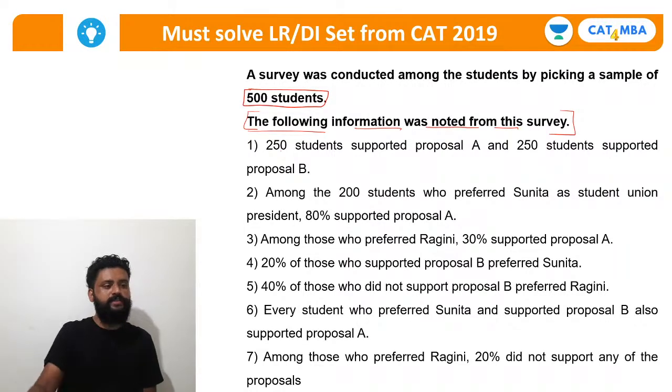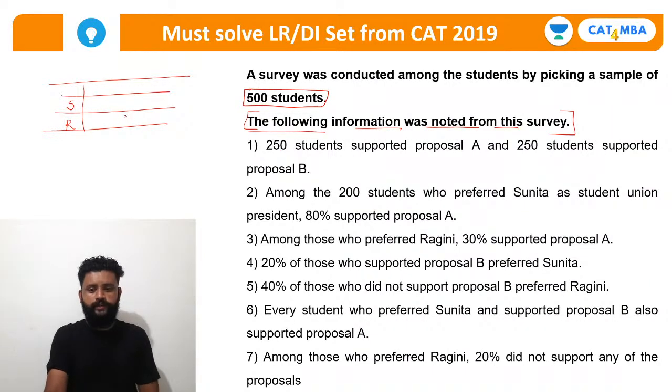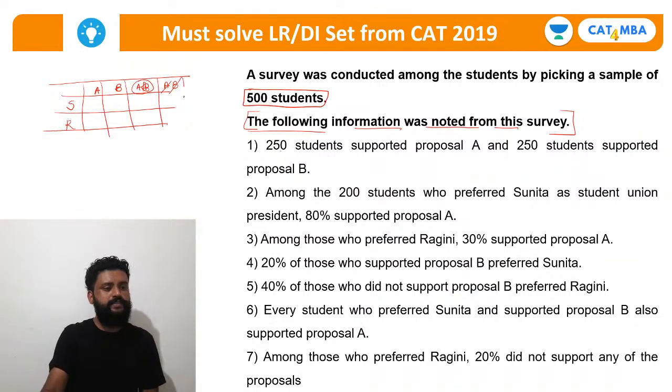So you will need a table and, at the same time, a Venn diagram. So Ragini and Sunita, these are the two. At the same time, someone supports proposal A, someone supports proposal B, then A and B can be common, then there will be some people who are neither A nor B. So these are 4 possibilities. ये table हो गया. So you need to fill it in.